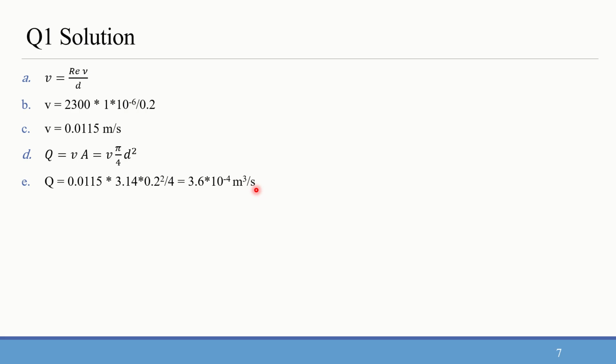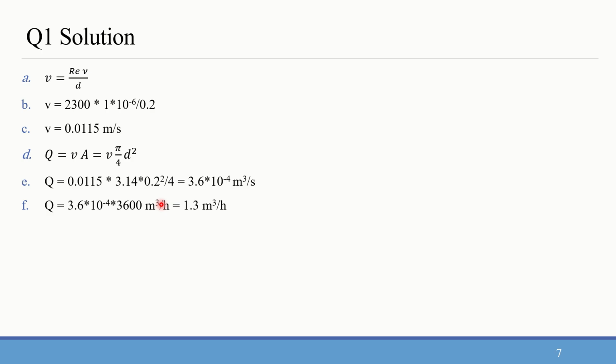We have to multiply it by 3600 to get it for 1 hour, meter cube per hour. So 3.6 into 10 power minus 4 into 3600 gives us 1.3 meter cube per hour. I hope it is clear. So the answer is 1.3 meter cube per hour.